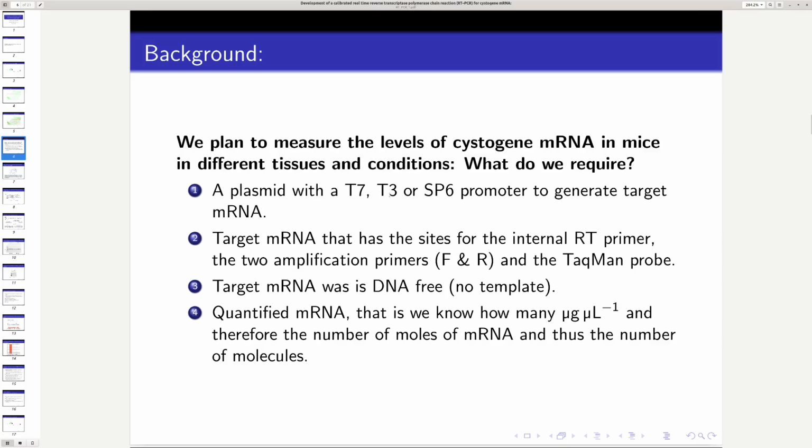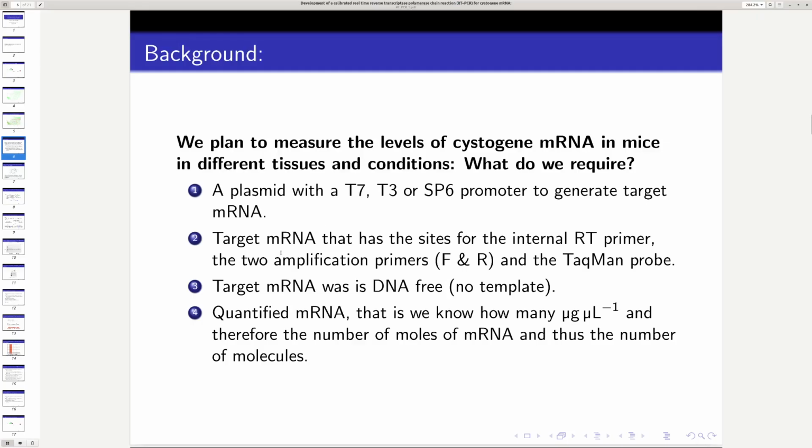Now the idea behind these promoters is that they come from bacteriophages, and they're actually DNA-dependent RNA polymerases. And the one we're going to use is T7. So it recognizes a particular footprint, and then the polymerase runs off copies of DNA into RNA from the 5' to the 3' end.